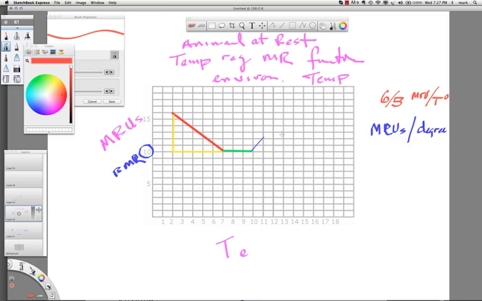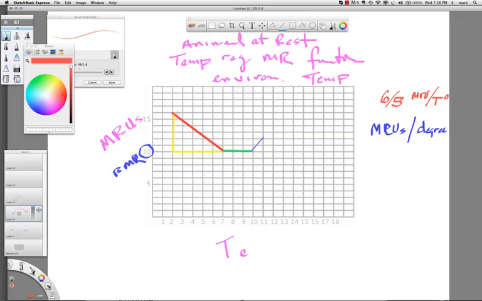Okay. A last thing I'd like to show you at this point is that you can actually determine the body temperature of an animal by extrapolating how much it costs that animal to maintain its temperature below the thermoneutral range.